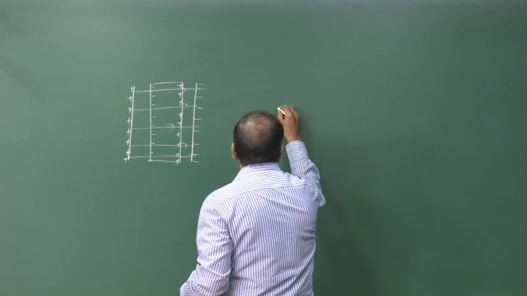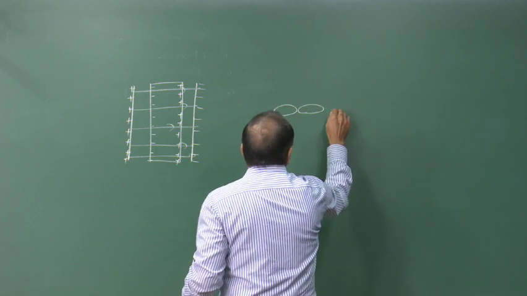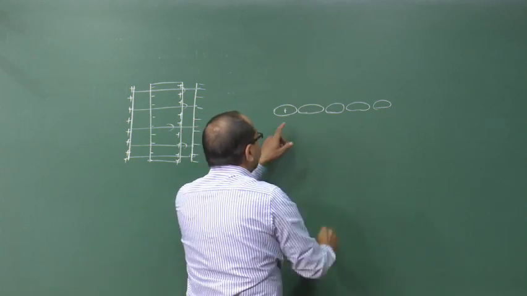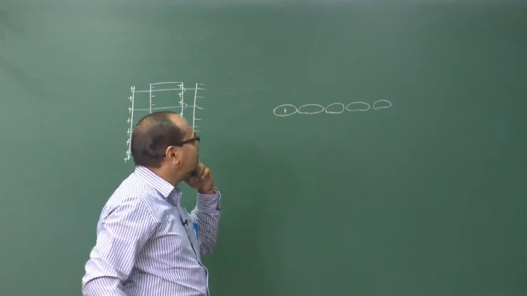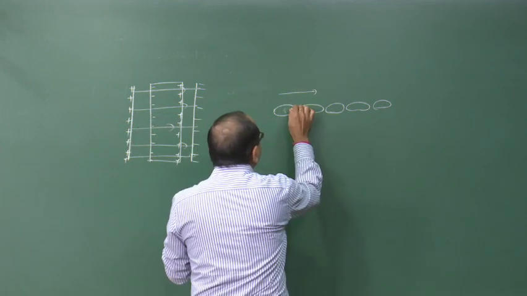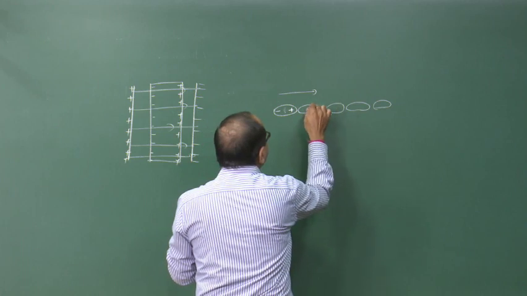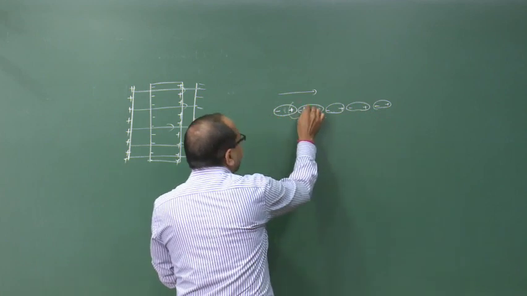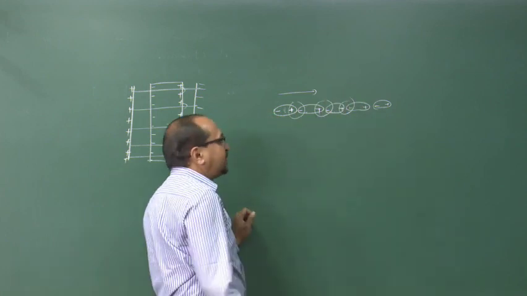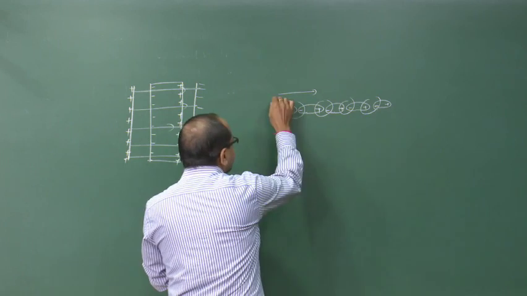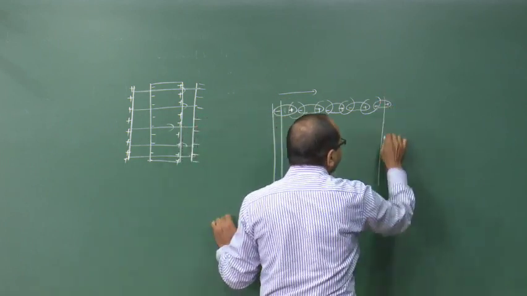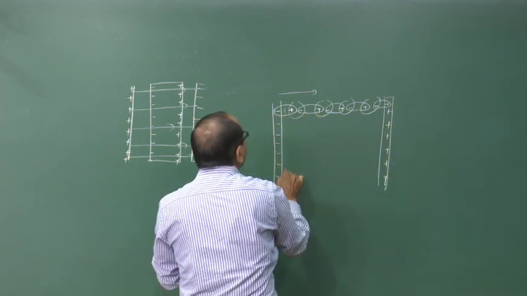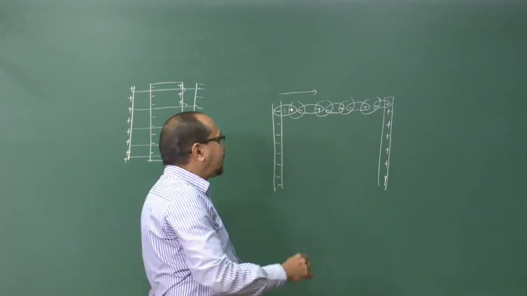As we discussed in the last class, suppose these are the molecules or atoms whose center of positive charge and center of negative charge generally coincide if they are non-polar molecules, but when we apply an electric field, this center of positive charge and center of negative charge get shifted like this, and the adjacent atoms cancel these positive and negative charges, while at one end of the surface and at the other end of the surface there are net charges developed, which develop an electric polarization.